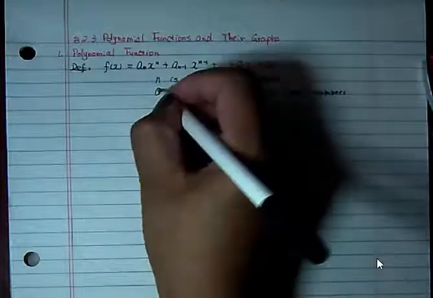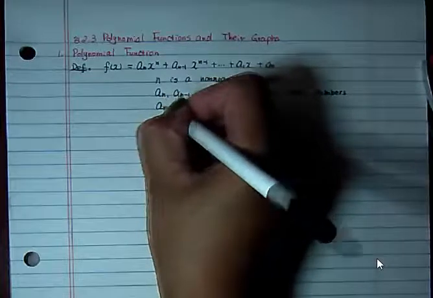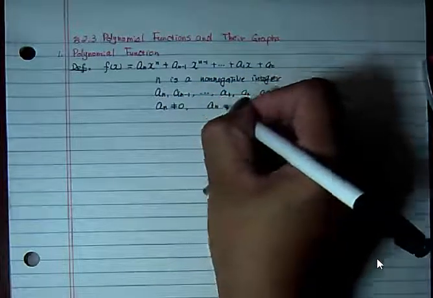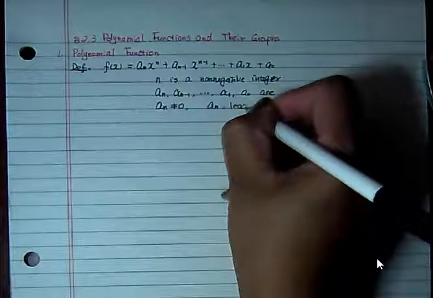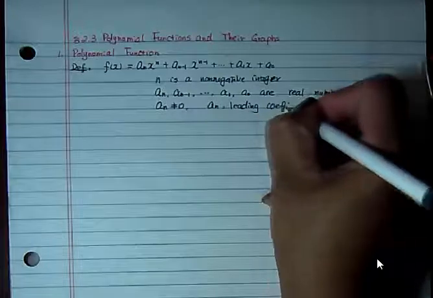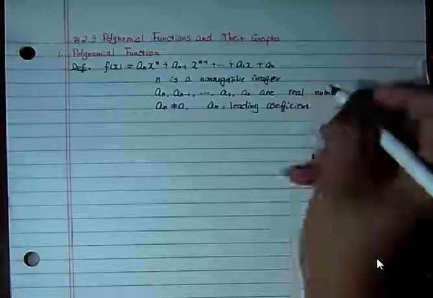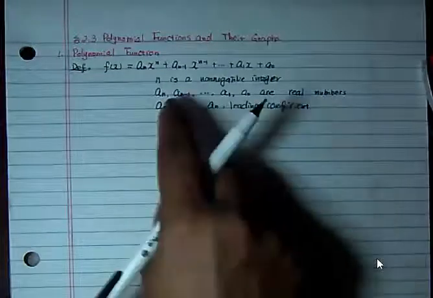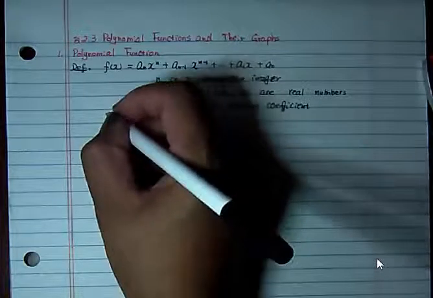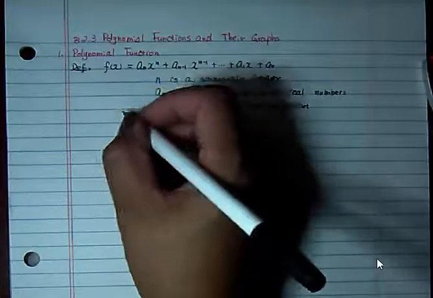In this case we set a_n not equal to 0. a_n we call the leading coefficient. The highest degree here is n, so we say f is a polynomial function of degree n.